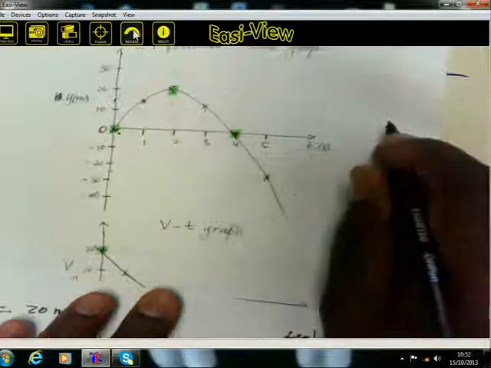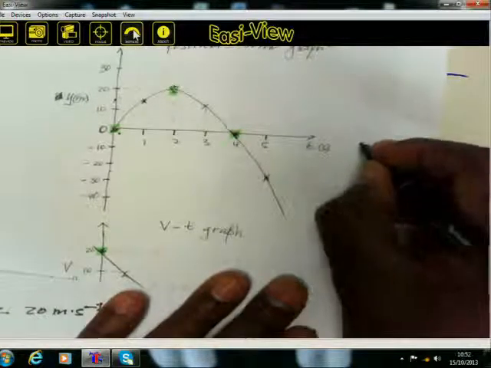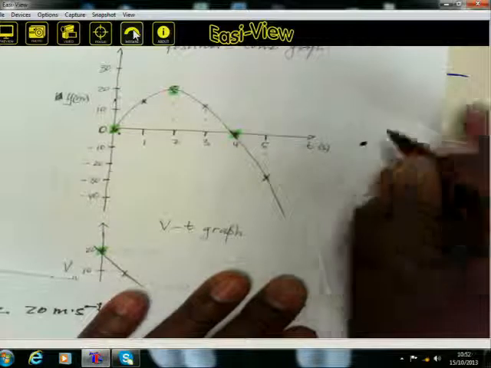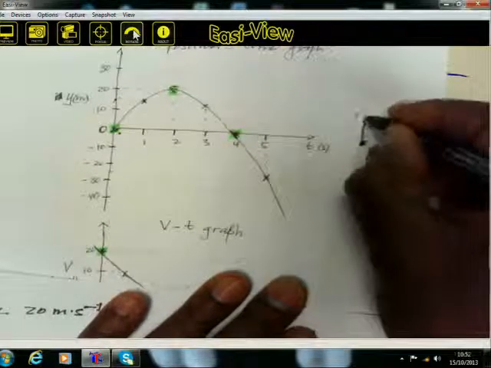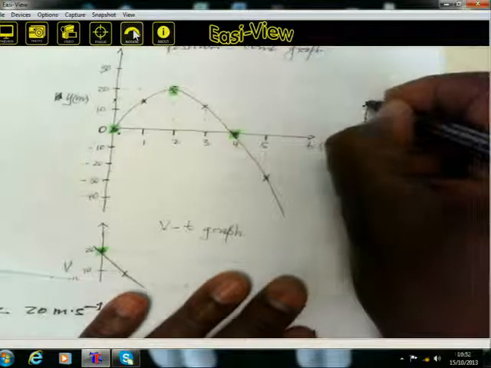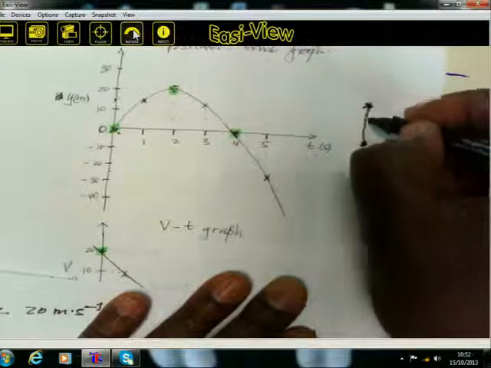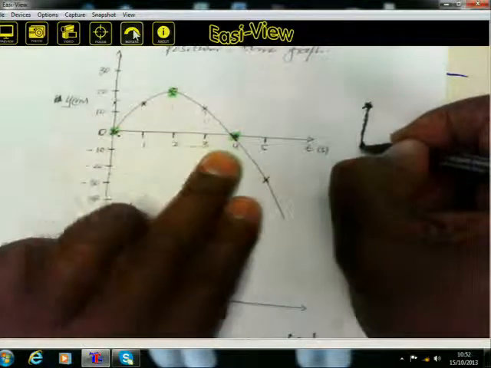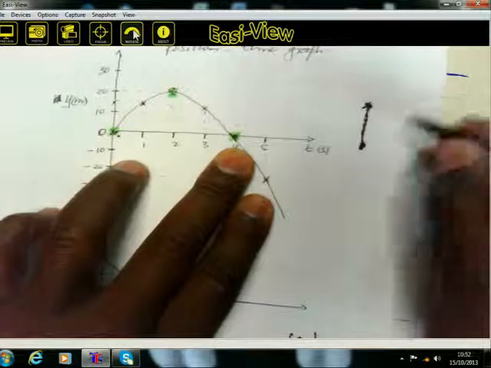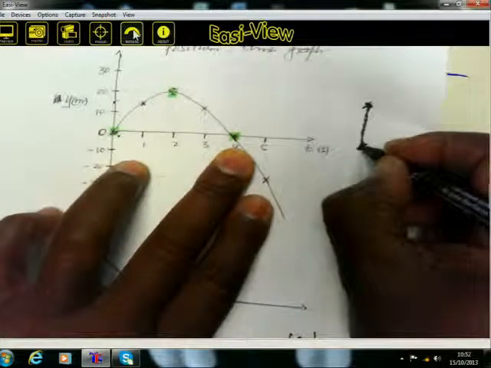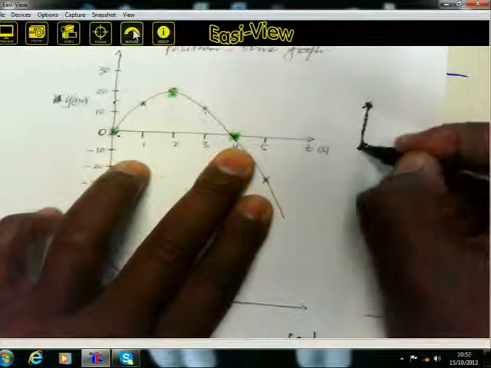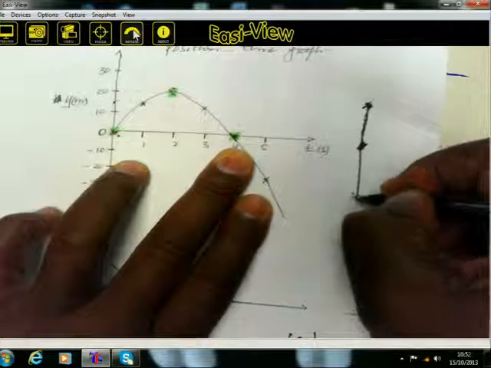This object starts here, it goes up to the highest point, it comes back, and after 4 seconds it is back to its original position. Then it overshoots that position and it goes down.